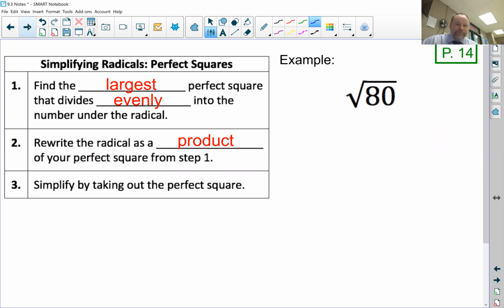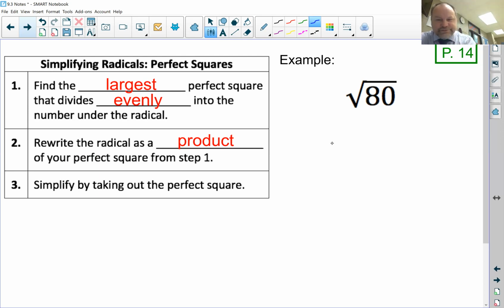It works really well. The second method is to first find the largest perfect square that divides evenly into the number under the radical. Rewrite the radical as a product of your perfect square from step 1, simplify by taking out the perfect square.